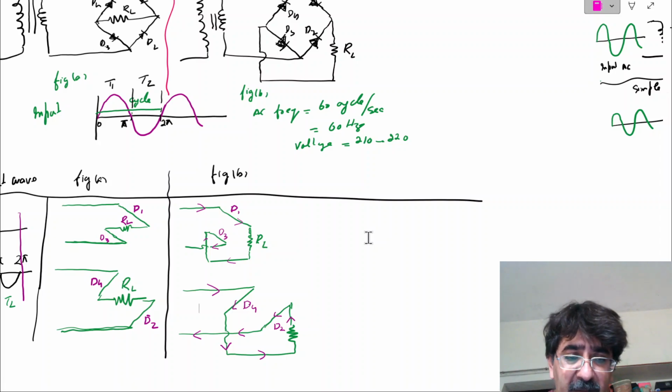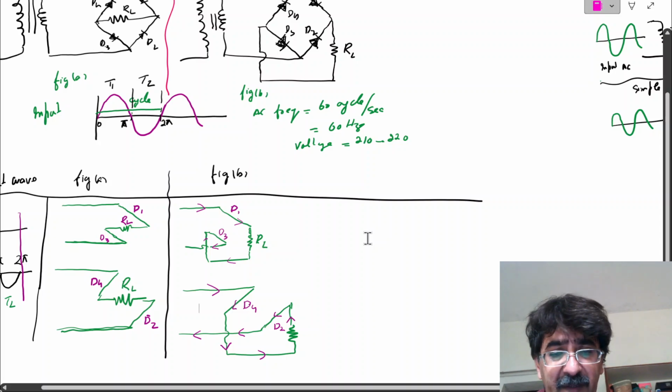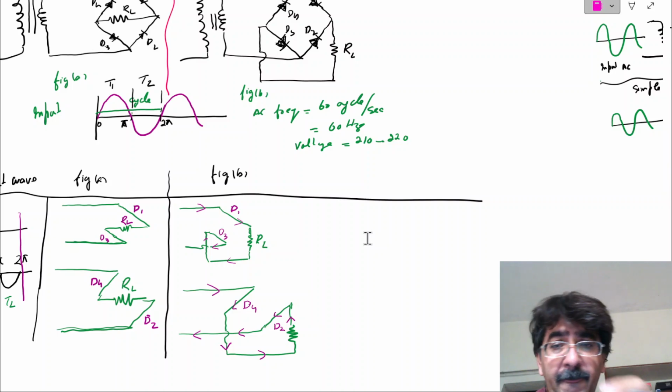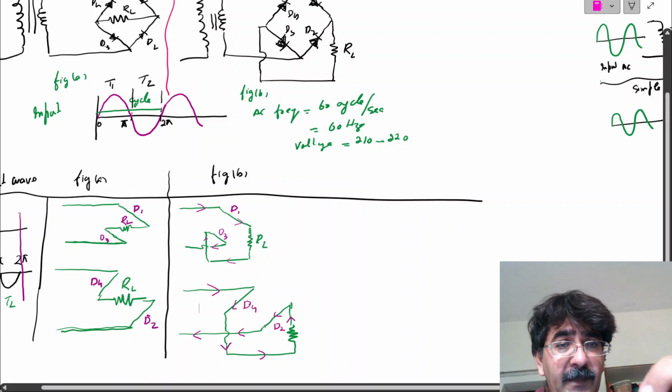Now I will draw the output wave for these two. That will be the same for both circuits.